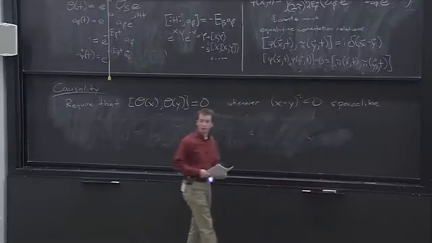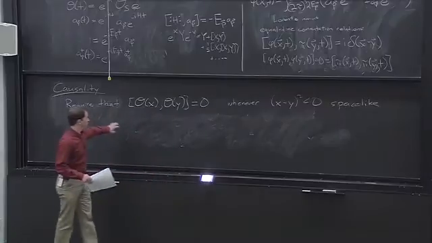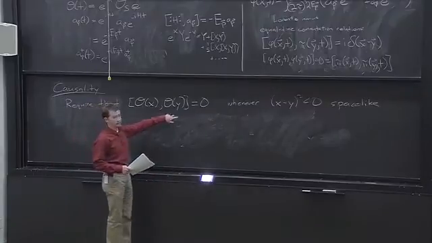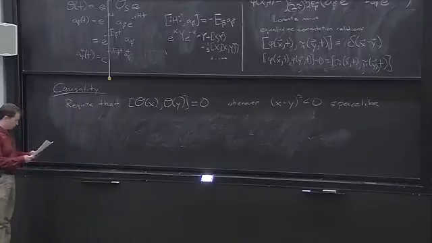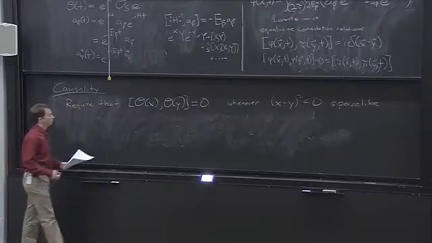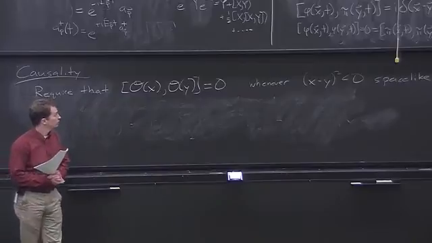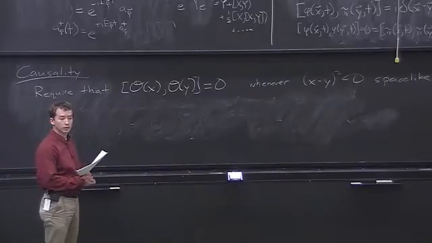Okay, so this ensures that a measurement at x cannot affect y, or vice versa, if x and y are space-like.